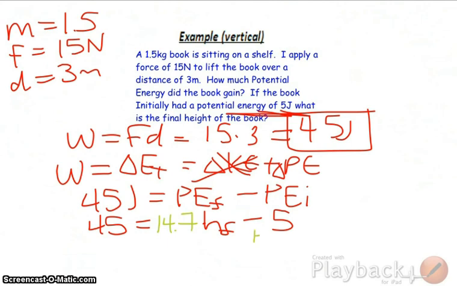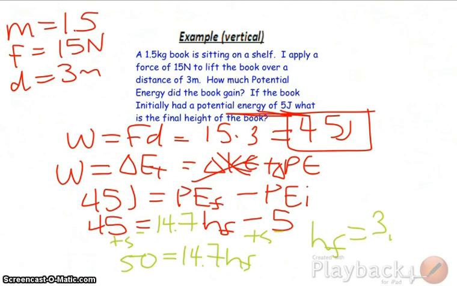Add 5 to both sides. 50 equals 14.7 hf. And you get the final height is 3.4 meters.